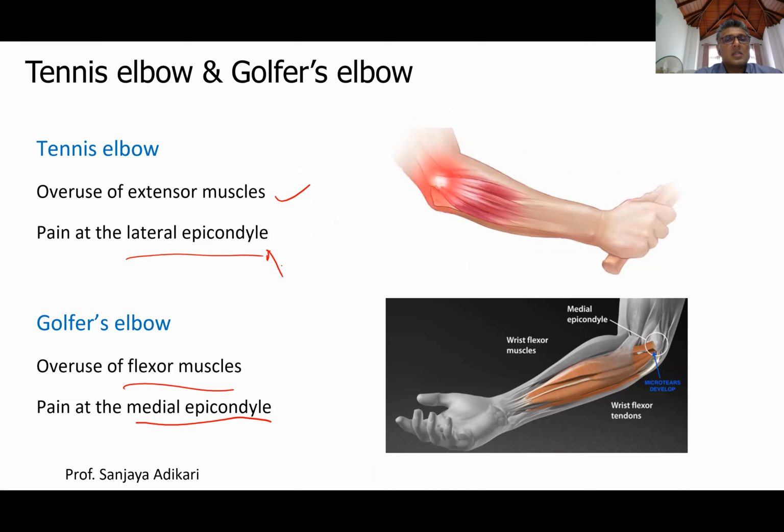This is the common extensor origin. So even our people, even though they don't play tennis and golf, with sweeping and other household work, housewives tend to get both these conditions, because of repeated use of extensor and flexor muscles.